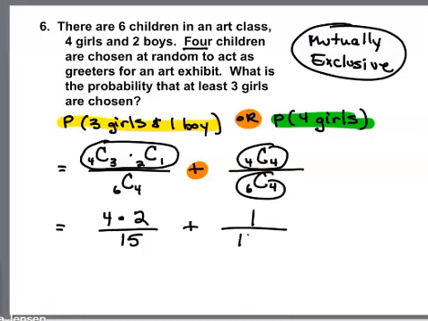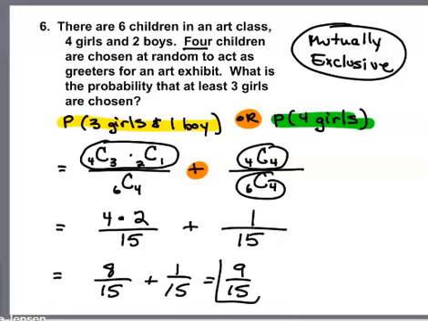This is 15. So 8 over 15 plus 1 over 15 ends up being 9 over 15. Or we can reduce it, 3 over 5.